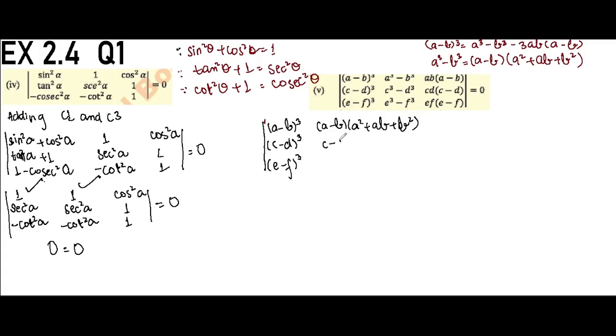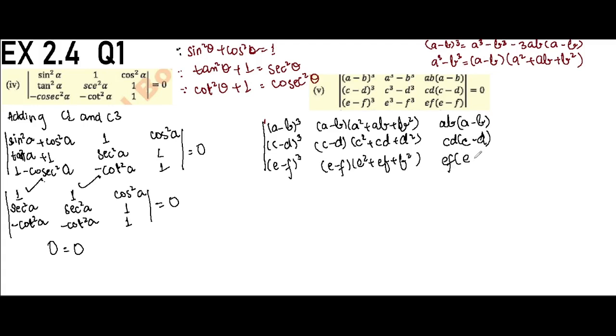Then we have (c − d)(c² + cd + d²), then (e − f)(e² + ef + f²). And we are going to write all of them as it is: ab(a − b), cd(c − d), and ef(e − f).